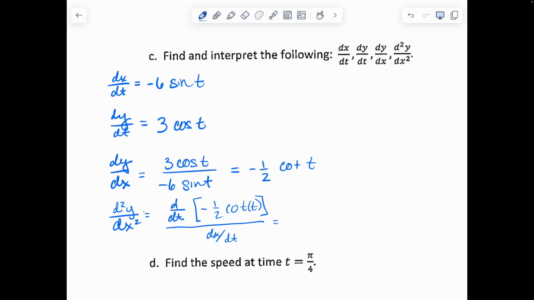So in my numerator, the derivative is 1/2 cosecant squared t. And in my denominator, I've got my negative 6 sine of t. 1 over sine is cosecant, so I'm going to have 1/2 times negative 1/6, which is negative 1/12. And then I have cosecant cubed t.